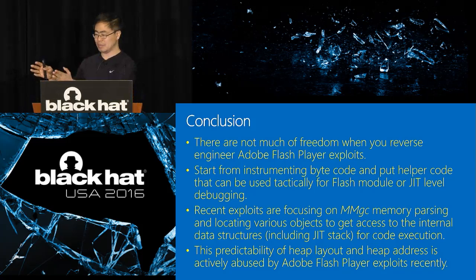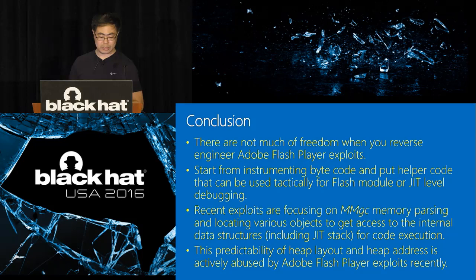Something is happening inside the JIT level, but it's just x86 assembly code, and you need to figure out how it relates to the bytecode level. In that case, bytecode instrumentation helps a lot because you can put a helper function into a specific method you are interested in. Then you can use that as a kind of trigger or marker to debug into the native-level code.